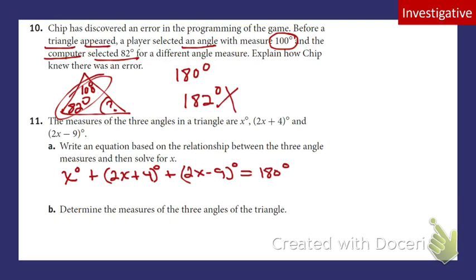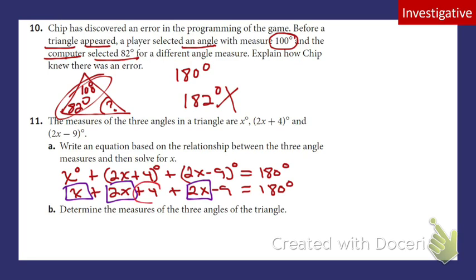The next thing I'm going to do is remove the parentheses. x plus 2x plus 4 plus 2x minus 9 is equal to 180 degrees, and solve for x. At this point, you should know how to combine like terms. So go ahead and combine like terms, and when you combine the like terms, go ahead and solve for x. And once you solve for x, come on back. So pause the video at this time and then come on back.